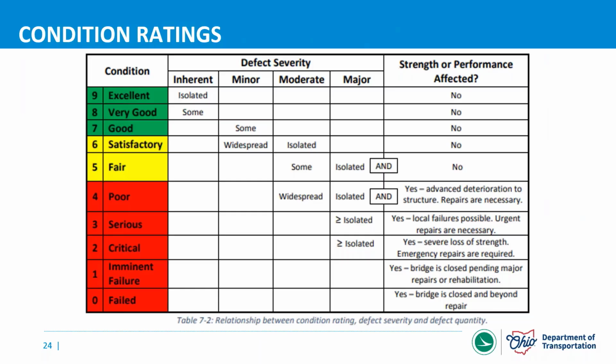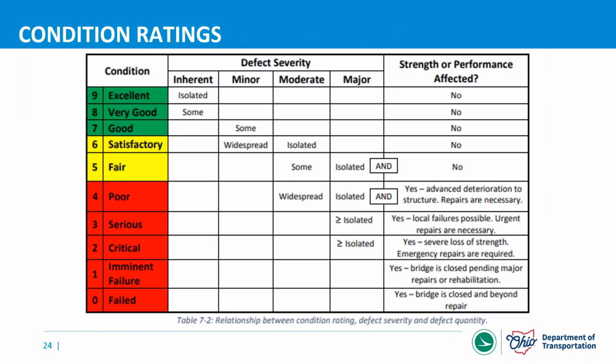And if you notice this table here, we don't have any indication of moderate deficiencies in the 9, 8, 7 level. So again, this is where I'm saying we're going to see 7s coming to 6s, because if you have more than 1% relatively, so isolated moderate is already at the 6th level of this table.